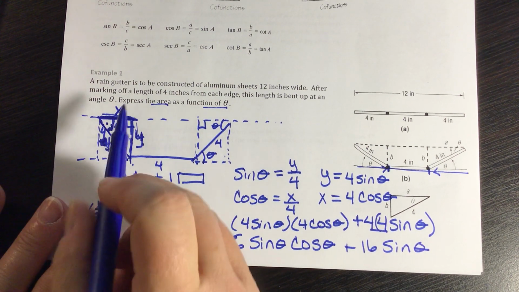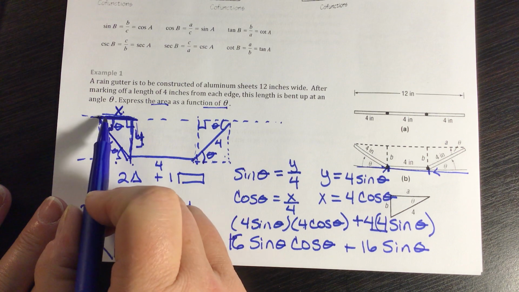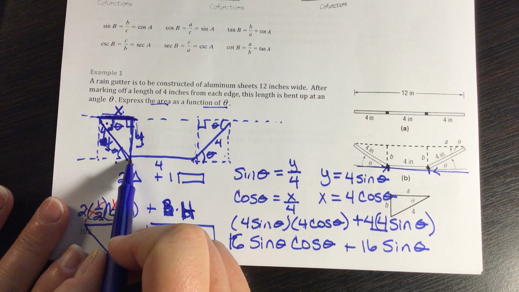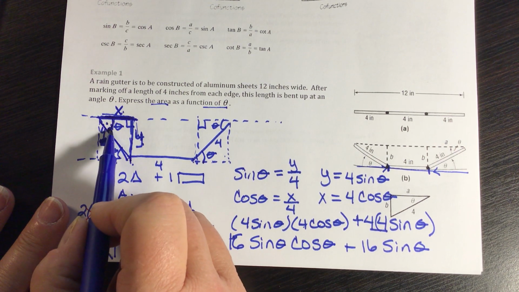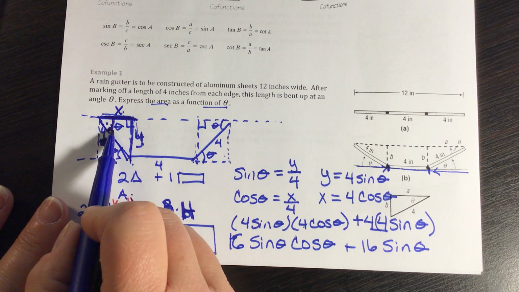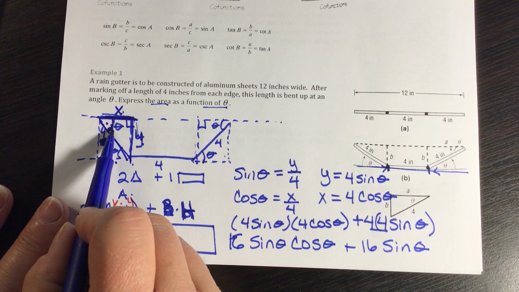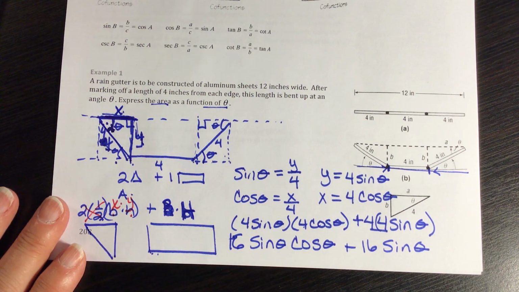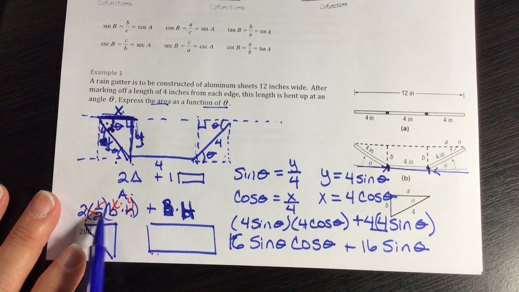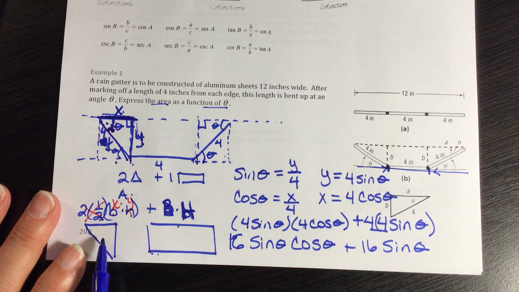All right, so basically in my triangles, I labeled the sides x and y, and based on this angle here, I found the sine and cosine of those angles to solve for x and y. And then I just plug them into the area for each of these shapes.